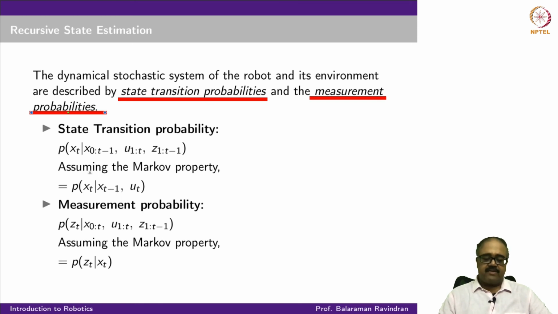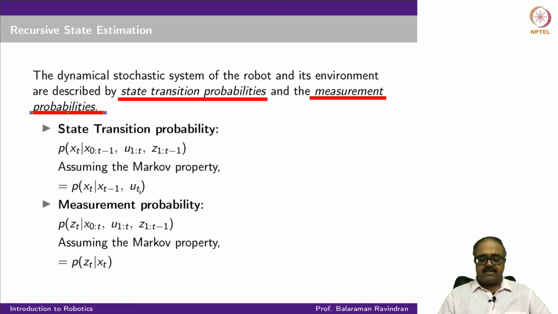Notice the difference: before it was x0 colon t minus 1, the entire history from time 0. Here it is only xt minus 1, the just preceding state, and the action ut. Remember, when I'm in x0, I take u1, I go to x1. Likewise, when I'm at t minus 1, I take action ut, so I'll end up in xt.